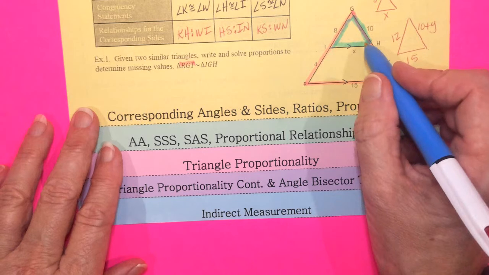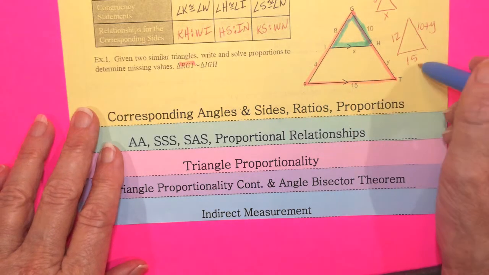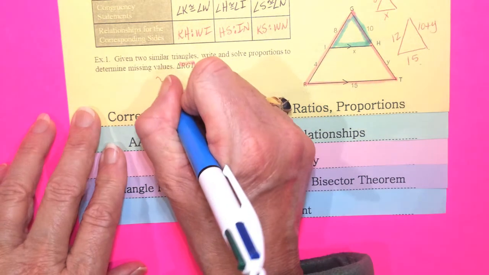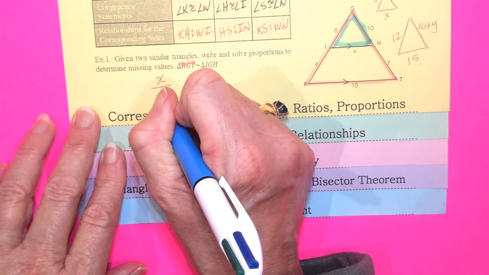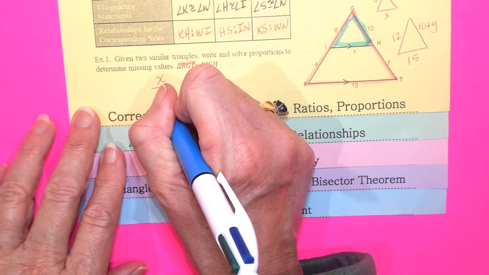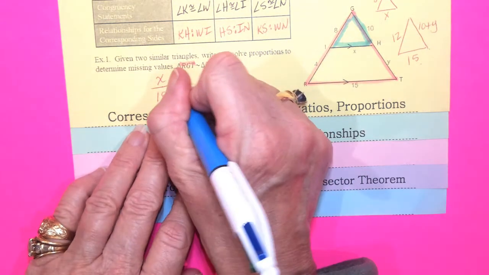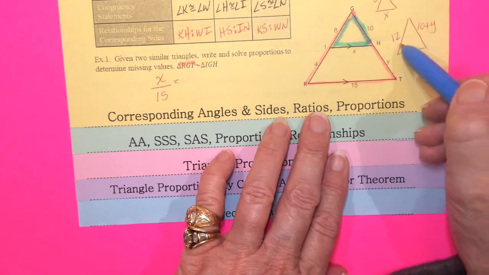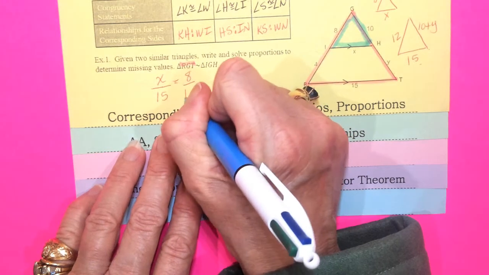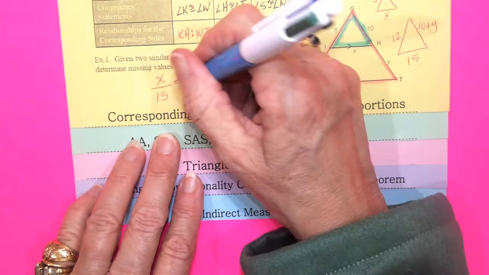Since we're trying to solve for x, the missing side, and it corresponds to 15, we definitely want to say x from the small triangle compared to 15 on the large one would have to equal, why don't we say the 8 to the 12? 8 to 12.